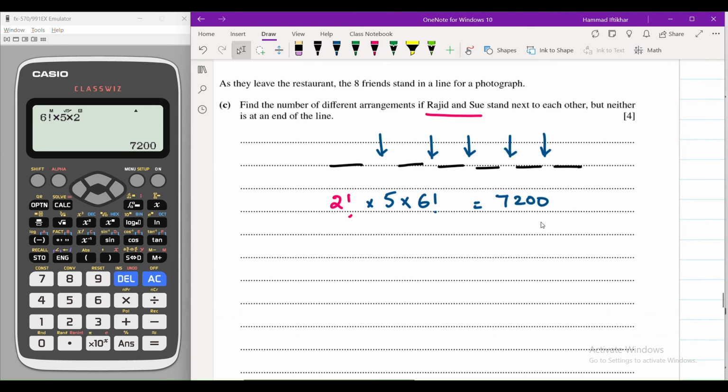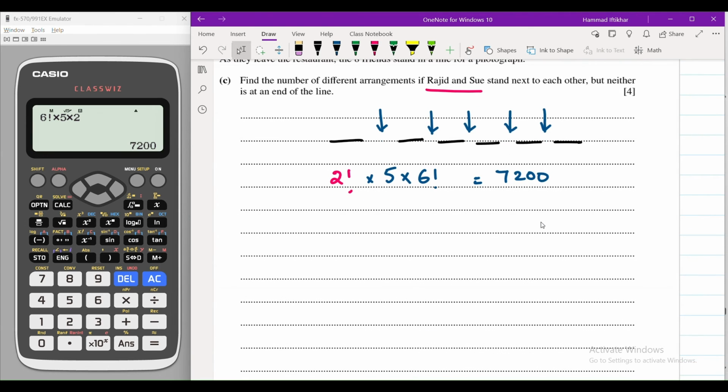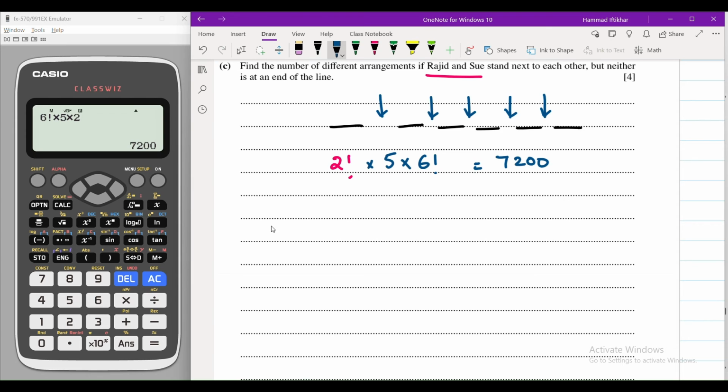An alternative way for this is that we find out how many ways Rajat and Sue are standing next to each other, and then subtract from that the arrangements when they are at the ends. So let's look at an alternative.